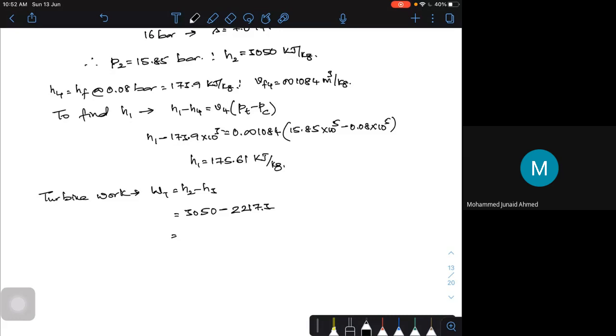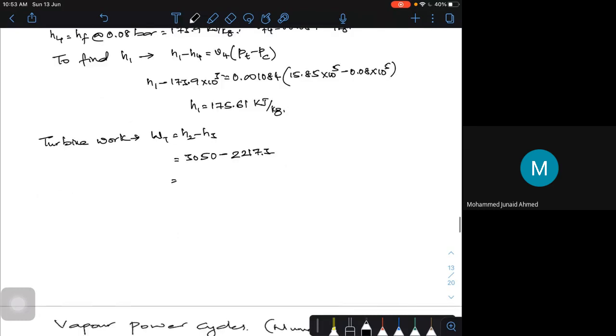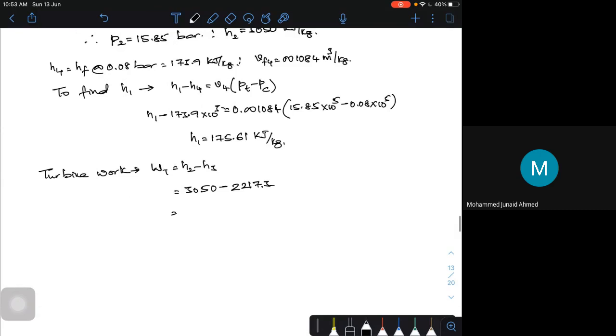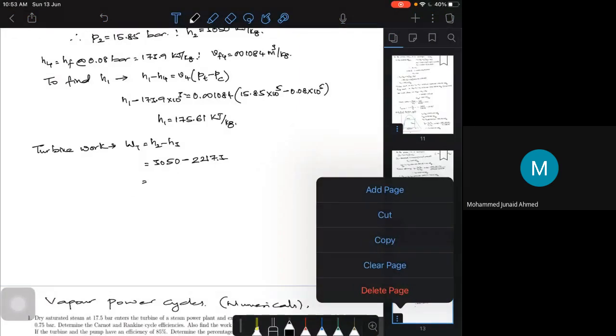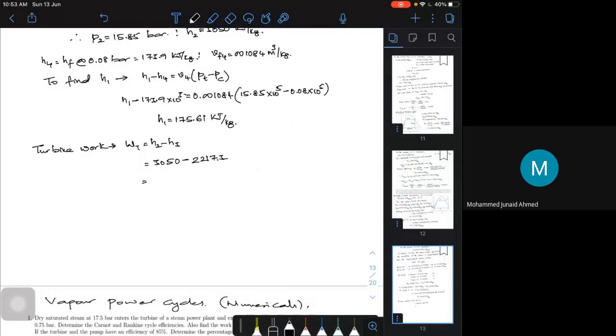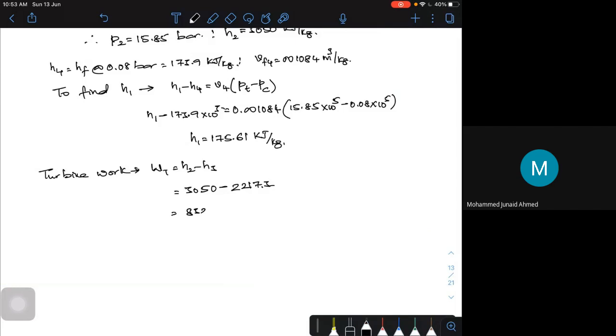So this is your turbine work actually. This is 832.7 kilojoules per kg. Then what is your pump work?